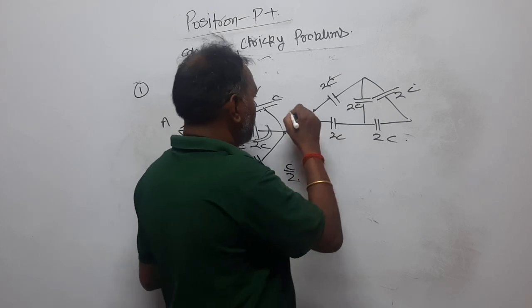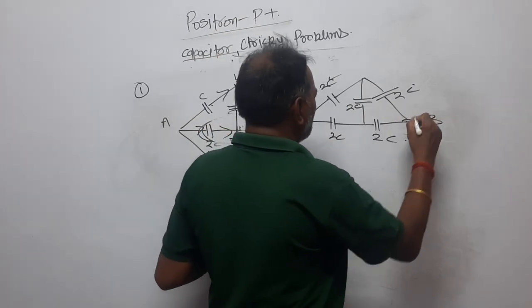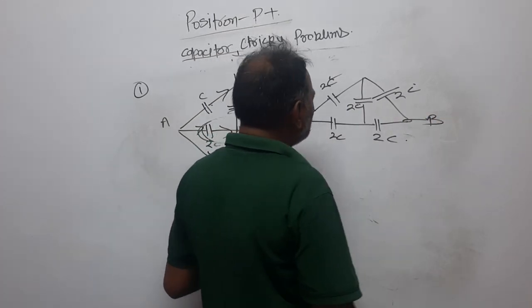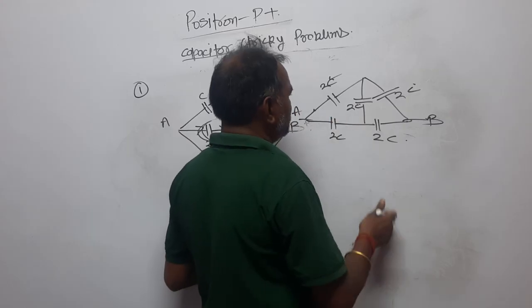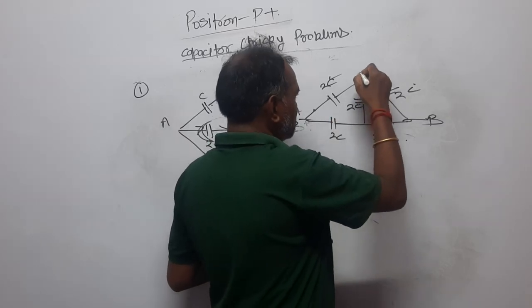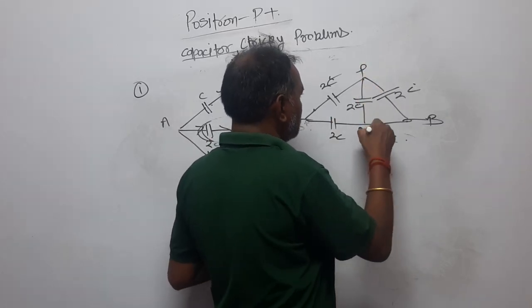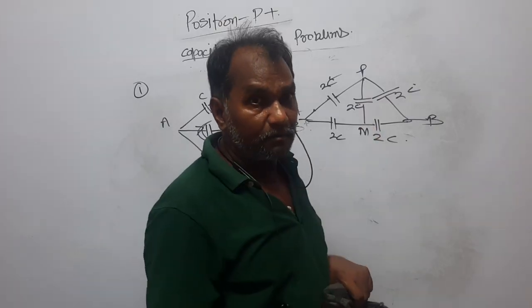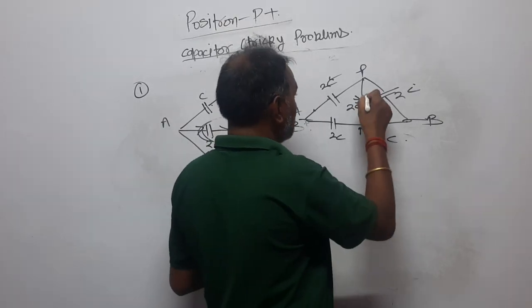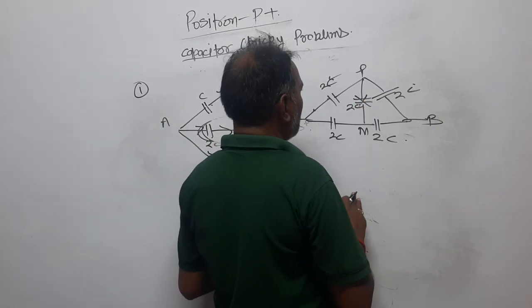So this was the point A and this is the point B. Now dear student, look here. This is simply a Wheatstone bridge, and let this be P, this is M. P and M will be at a common potential, and in this case it's not going to work. Then what happens?